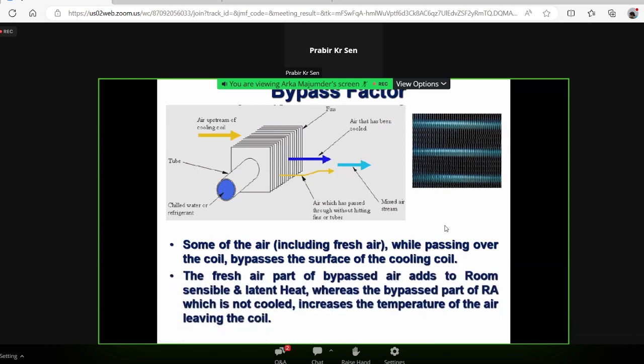Next. The fresh air part. We consider this bypass air in two parts, because the air which bypasses the cooling coil is a mixture of outdoor fresh air and return air. So for easier calculation, we split it into two parts.